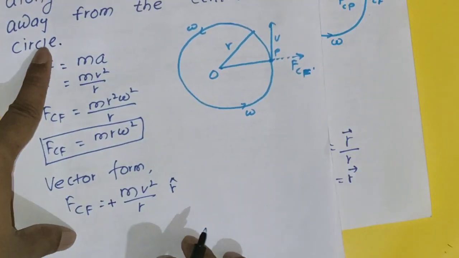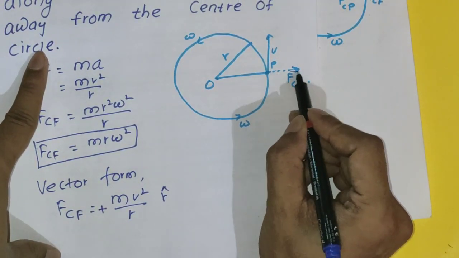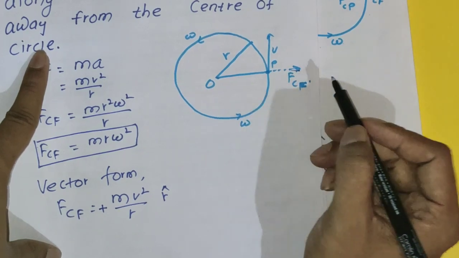Here it will be positive because the direction is away from the center of the circle.